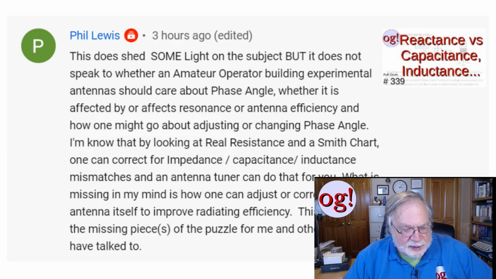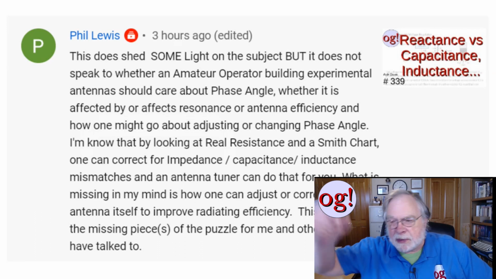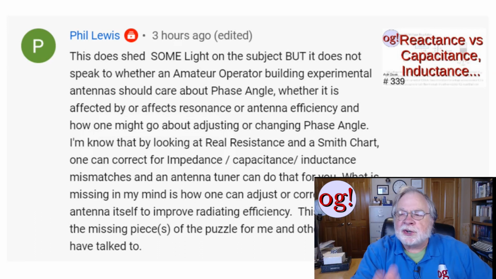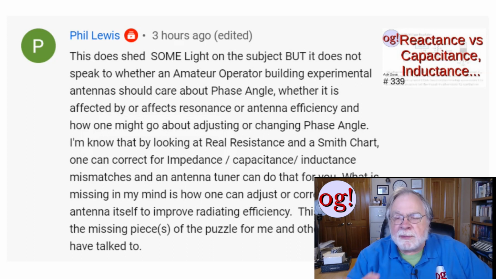If you look at the Butternut HF9V, it is just bristling with coils and capacitors. With other antennas, if you put a piece of aluminum next to the main antenna, it will add capacitance or inductance, and so on and so forth.